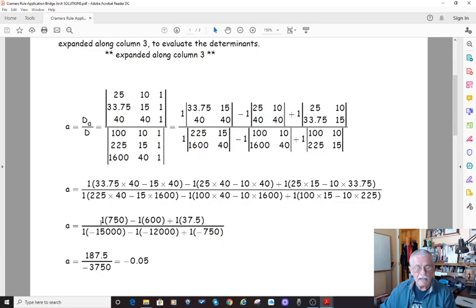So you have 750 minus 600 plus 37.5, which is 187.5, over the negative 3,750 from before, giving negative 0.05. So that would be the A, the multiplier of the x squared term.